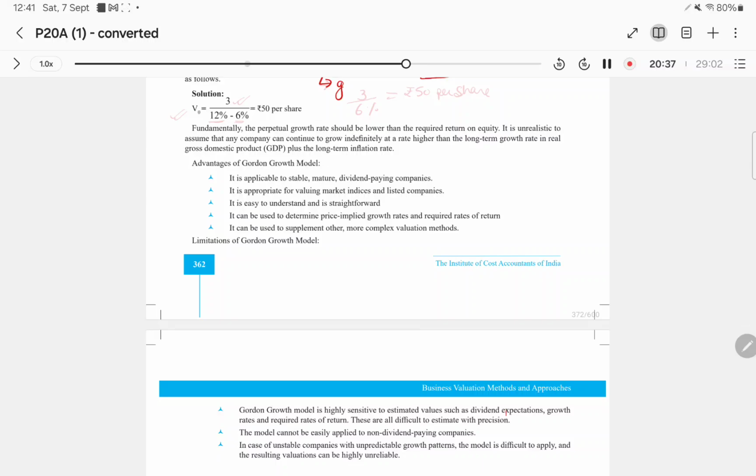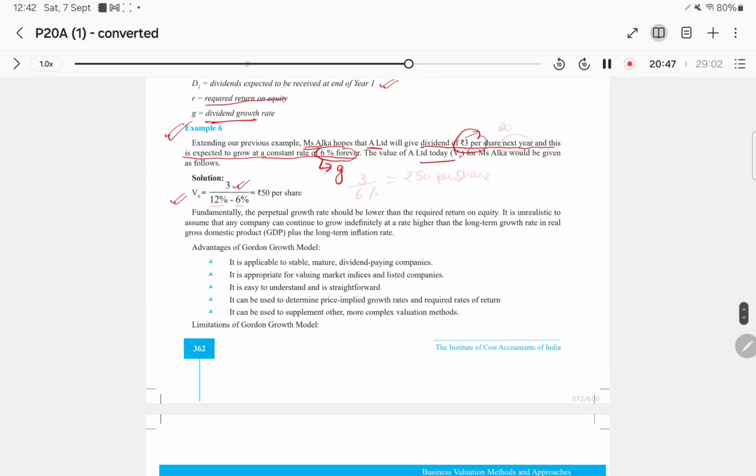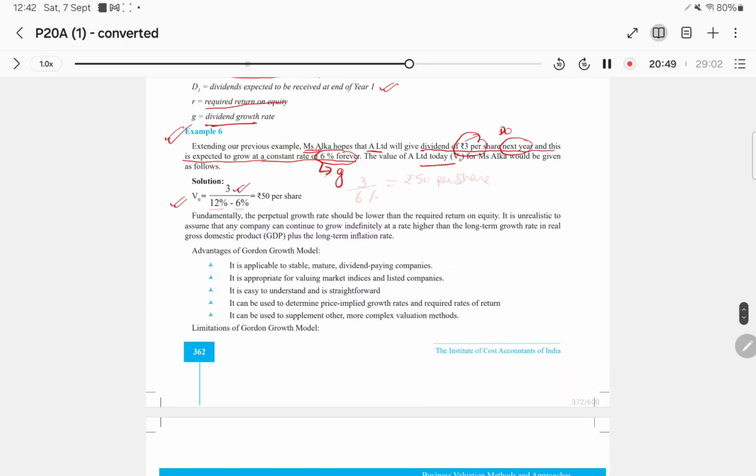How will you calculate the value? We take D1, because it is already given that ₹3 per share is the dividend next year. It is not D0, the current year's dividend, so it is D1. We are taking 3 here.